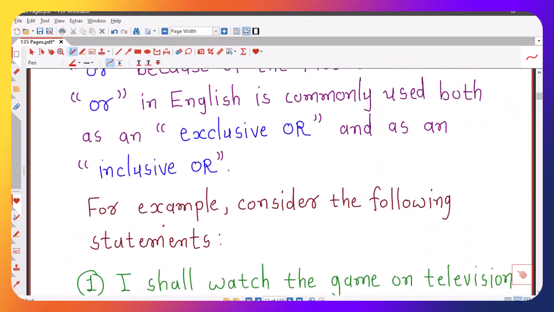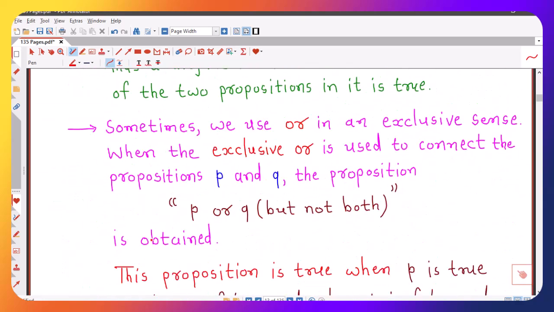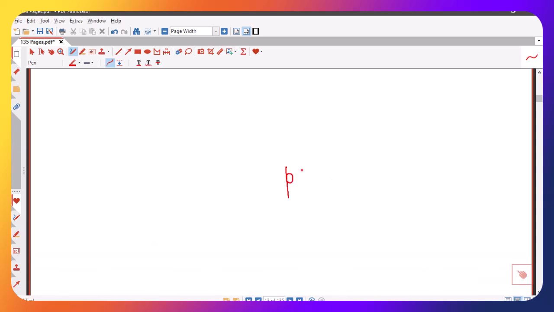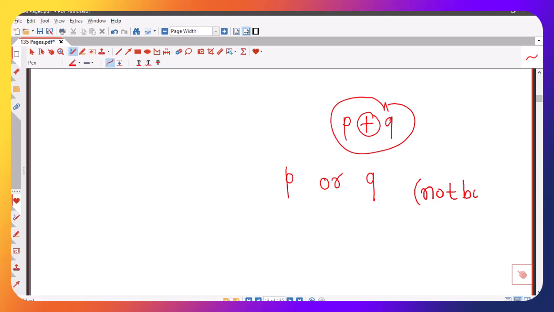And if we have exclusive or, then we have these possibilities. Exclusive or is denoted by this notation, and this is true if P is true or Q is true and not both. If both are true, then exclusive or will be considered as false.